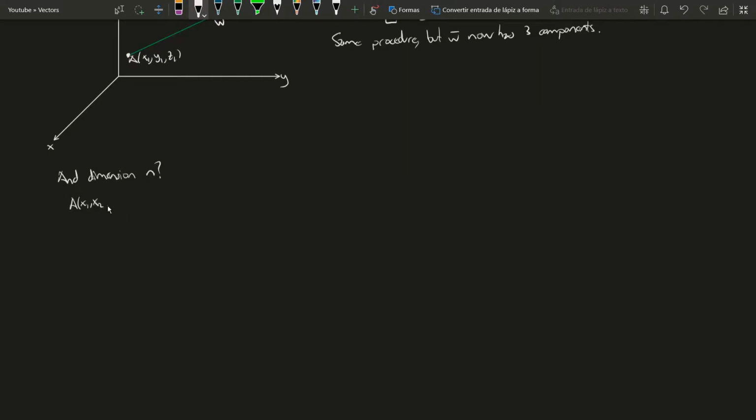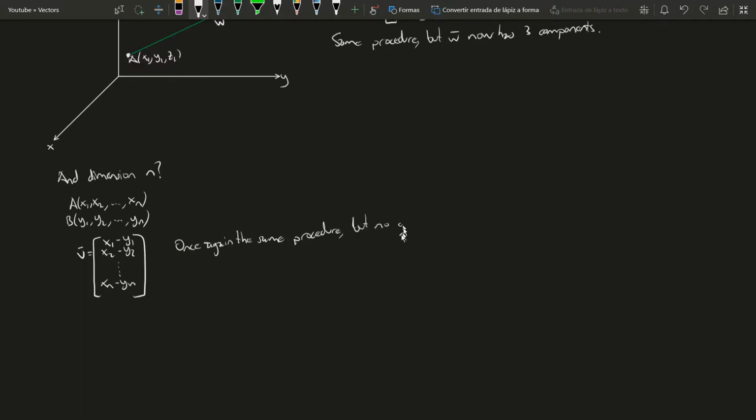Take 2 points and subtract the beginning from the endpoint and you'll get a vector. Your vector will have as many components as the dimension of your coordinate system. In fact, please recall that the number of components of a vector is also called its dimension. And also remember that beyond dimension 3, we have no way of representing them geometrically. So now you know how to obtain a vector given 2 points.